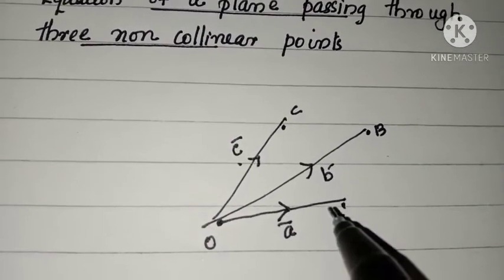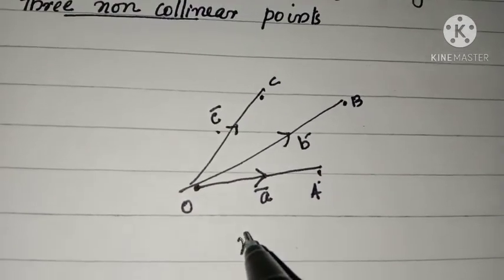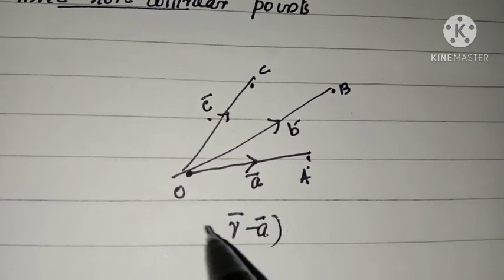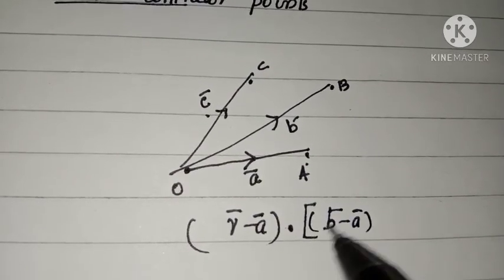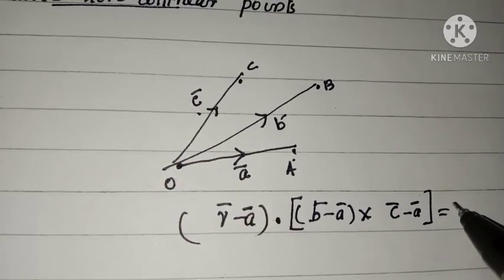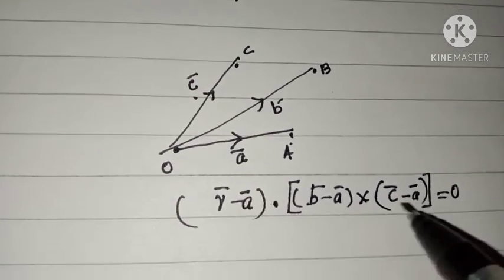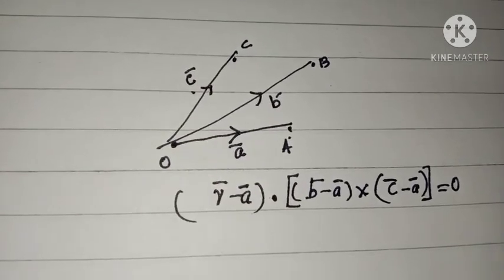So we can write the vector equation of this plane passing through these points as (r minus a) dot (b minus a) cross (c minus a) is equal to 0.